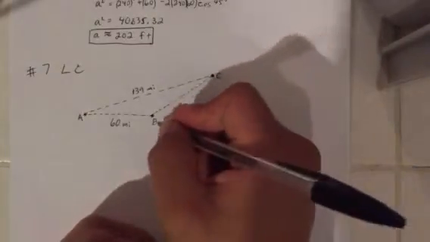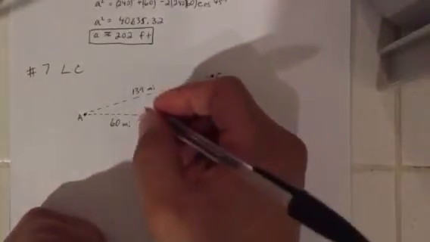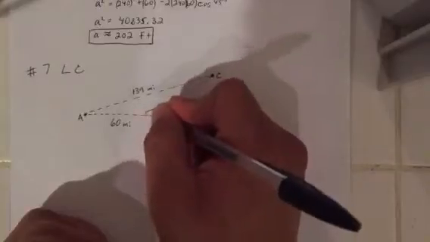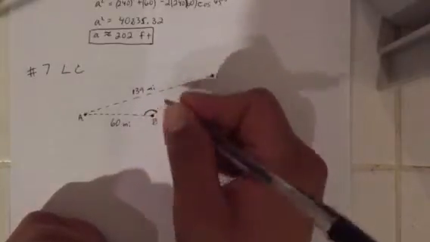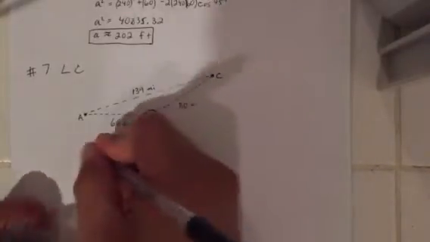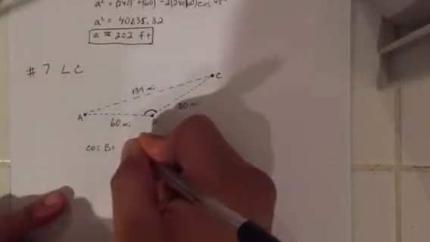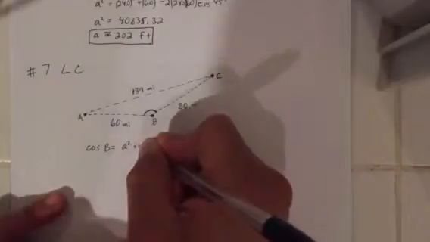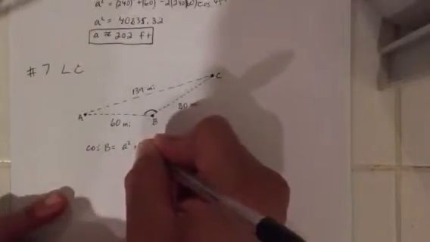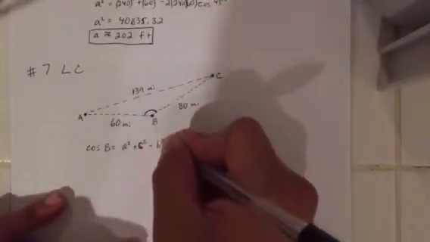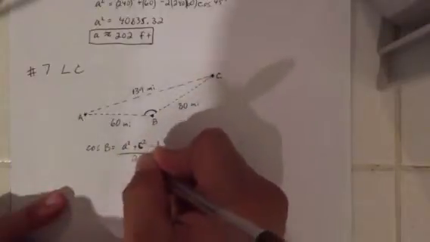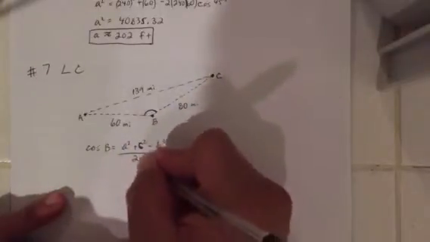For this problem, we're going to use the law of cosines, but we're going to use the standard notation. They are trying to figure out angle B, so we're going to use cosine of B equals A squared plus C squared minus B squared all over 2AC.